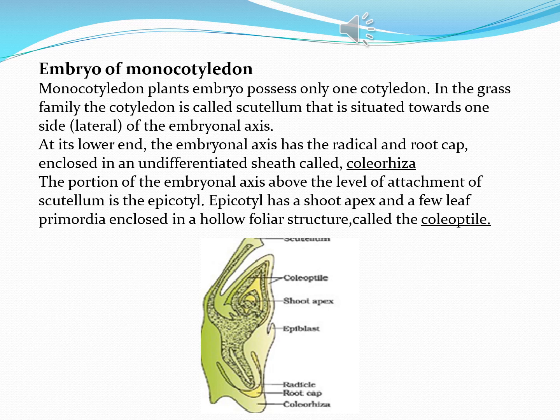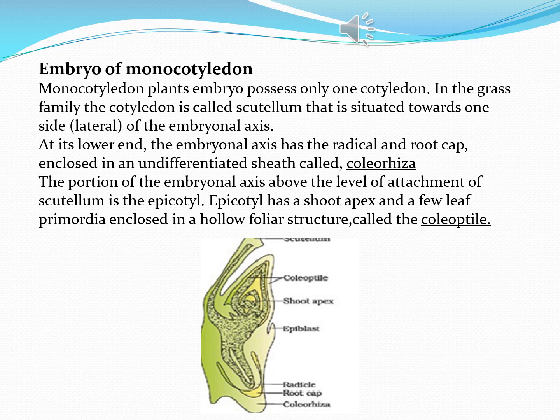The lower portion of the embryonal axis is called the radicle, and it has the root cap. The portion of the embryonal axis above the level of attachment of the scutellum is called the epicotyl, and this epicotyl has a shoot apex with leaf primordia, enclosed in a hollow foliar structure.